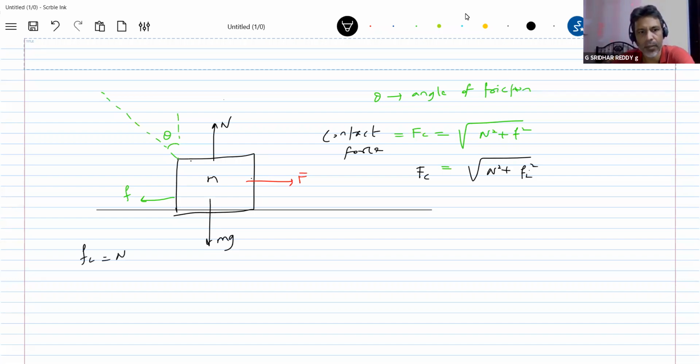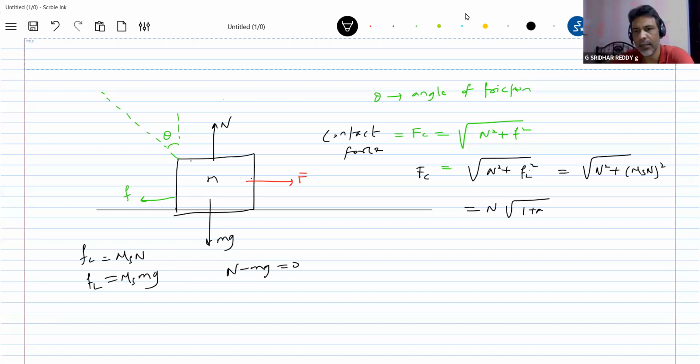Limiting friction is equal to mu s into N, which is equal to mu s mg, where N minus mg equals 0, as usual. So this should be square root of N square plus mu s N whole square, so this becomes N into square root of 1 plus mu s whole square. This is the maximum value of contact force.